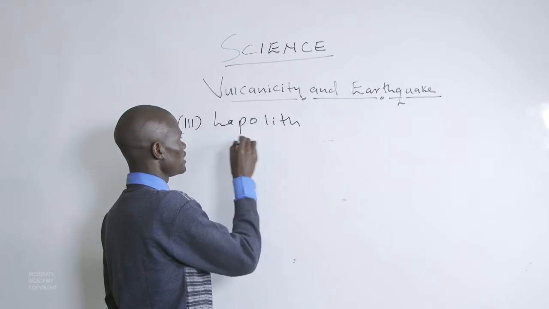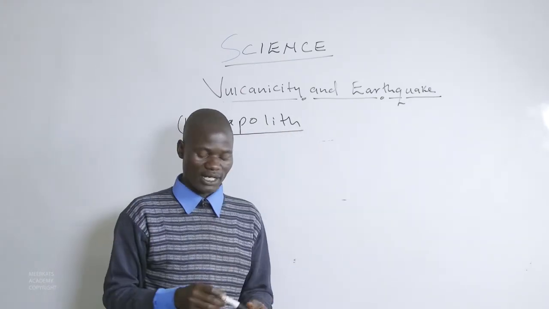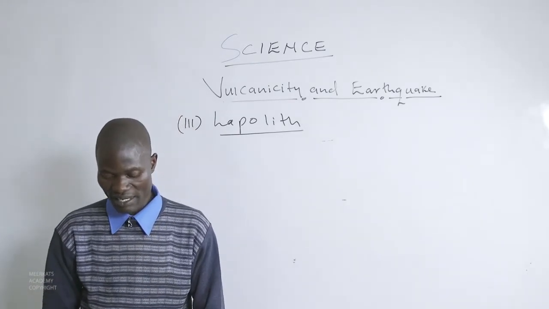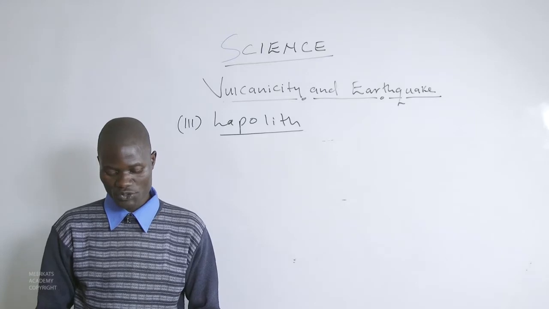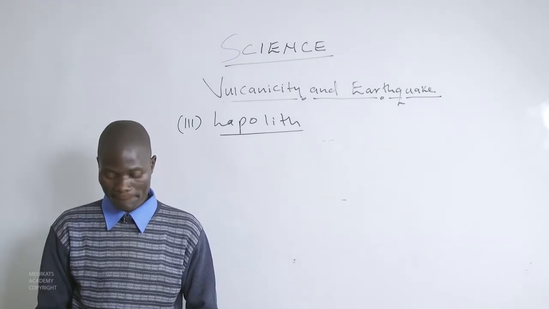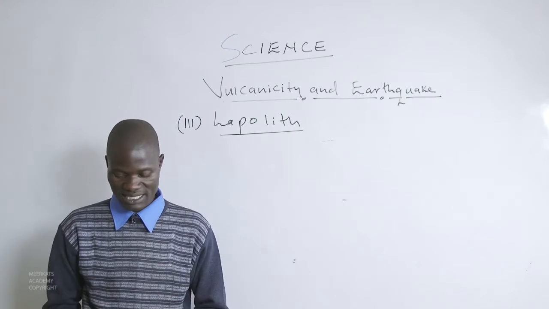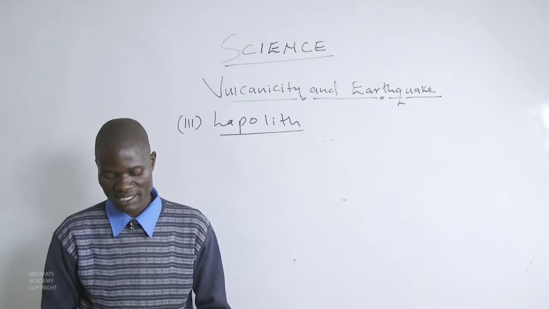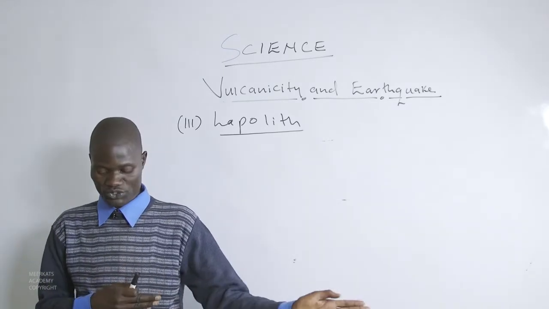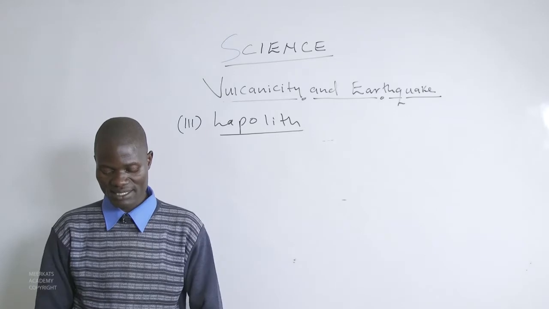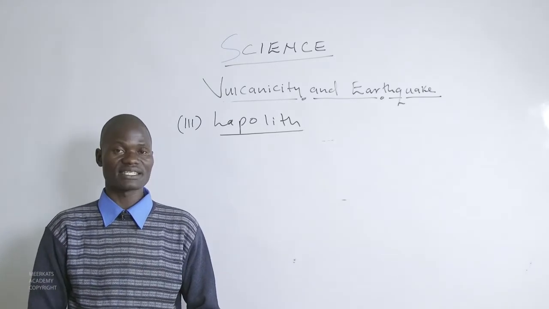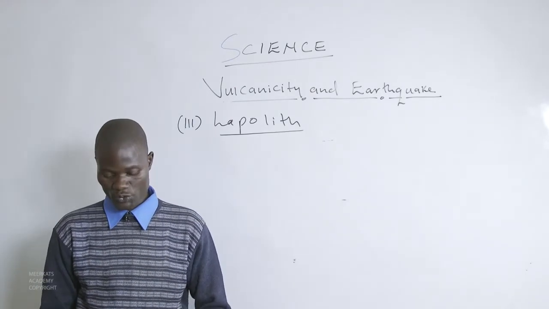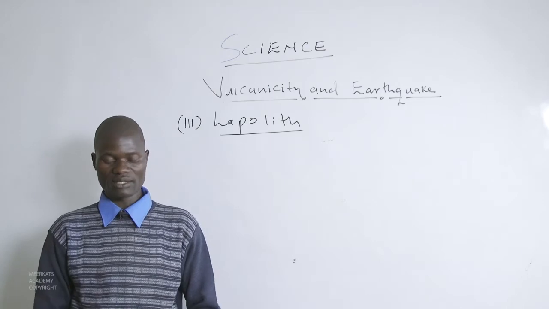We will move to the third feature of intrusive volcanicity, and that one we call a Lopolith. A Lopolith is also another type of intrusive feature, and this one is formed when the lava moves upward in a portion of the projected magnitude of the vent, and it may extend more in a horizontal direction, and as a result, whenever it finds the weak planes within the earth crust, it may rest within the bedding planes.